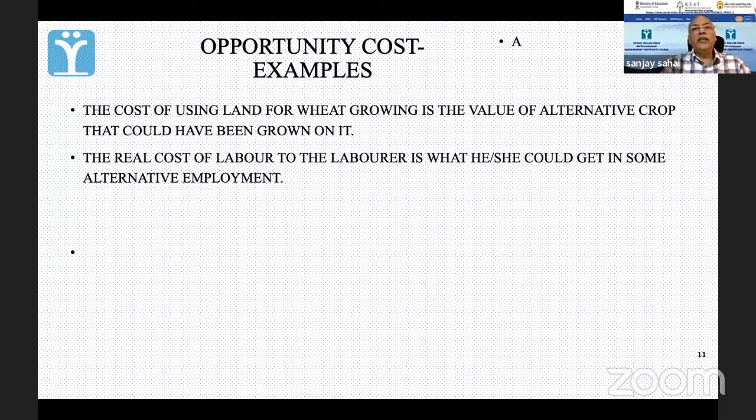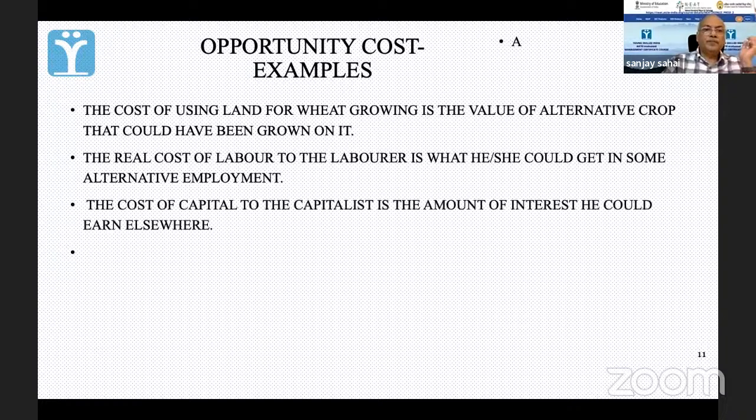So you're employed in a particular organization. What is the cost to you? The cost to you is basically, if you had taken on a different job, what would you have earned there? That is the opportunity cost for you.